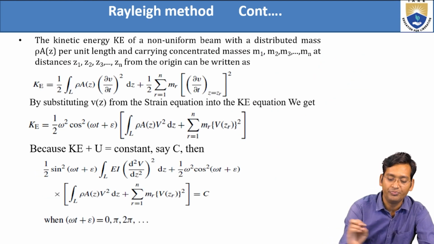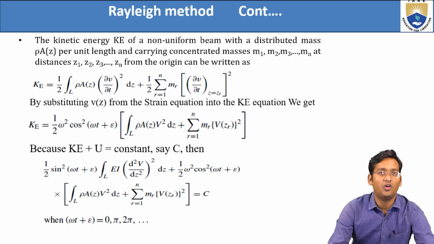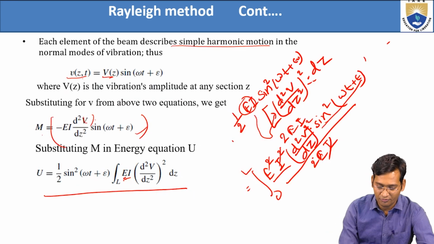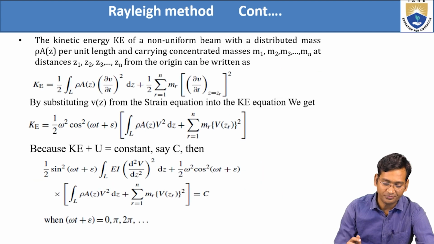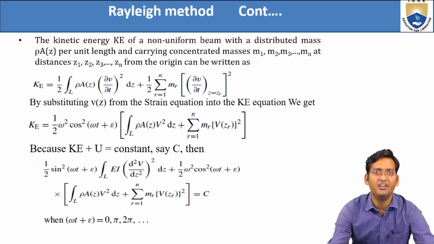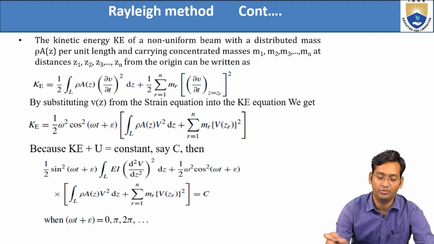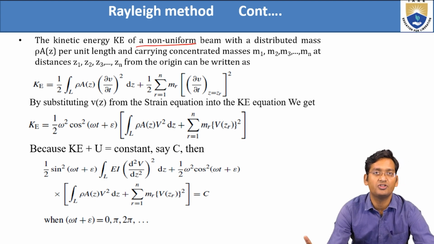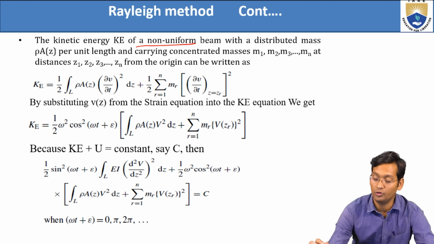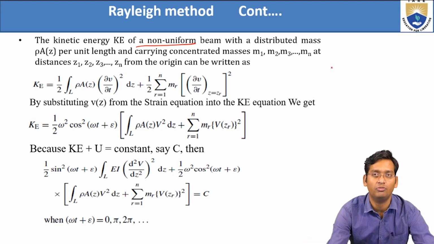Now the kinetic energy K of a non-uniform beam. This is what we got for the strain energy. So next, the kinetic energy K of a non-uniform beam. This is for a non-uniform beam with a distributed mass rho A of z per unit length. So what is mass?